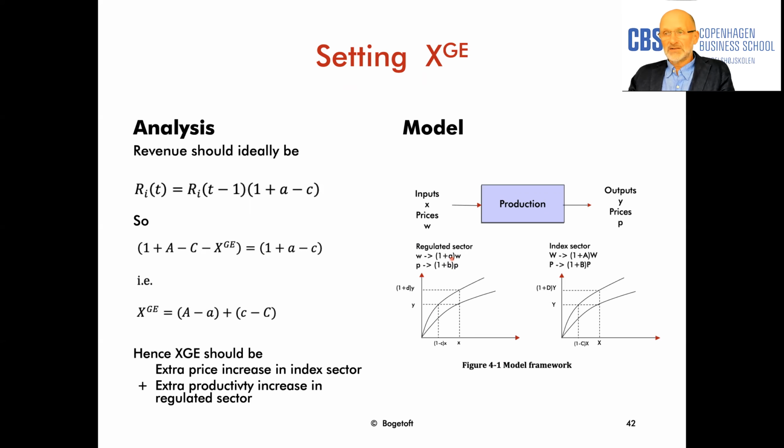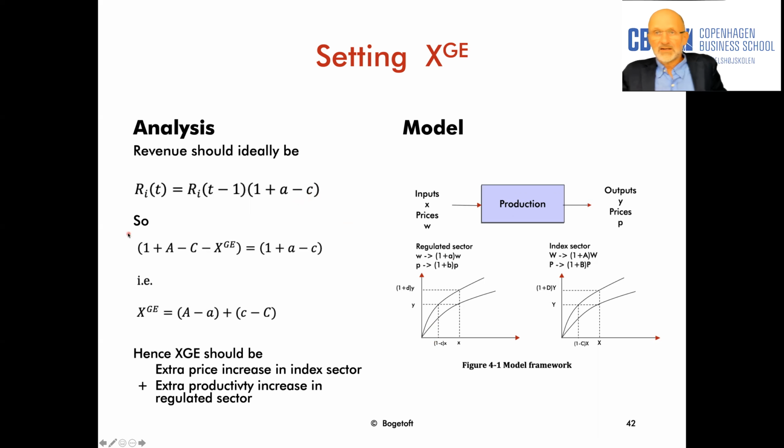So if input price goes up by 10%, then my revenue, my prices on the output side, should also go up by 10%, unless there's some productivity gain. So if I have this C that I also assumed I have, then I can subtract that. Because if I can use 10% less of resources, then the fact that they have become 10% more expensive doesn't really matter, it cancels out. So ideally, I would like to do this, okay?